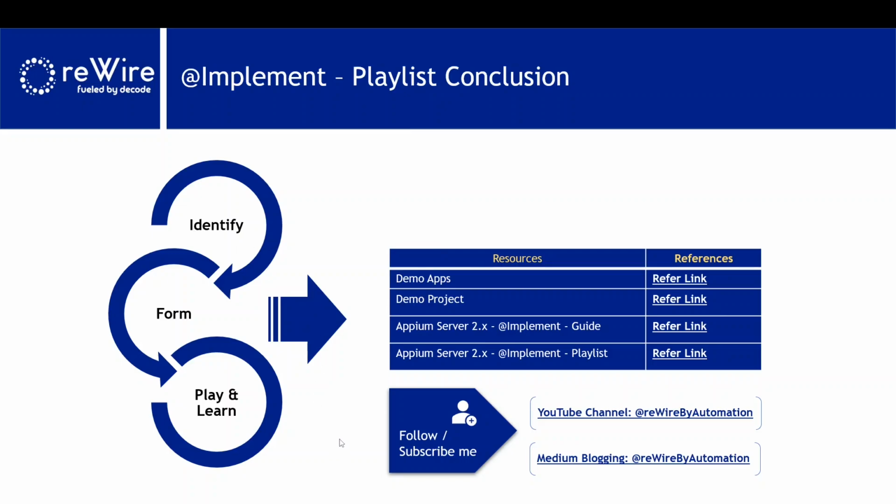If it is any technology, first identify what its features are, and whether any kind of architecture is given for that particular tool or technology. Then form it. Form means put it in order. Then you can play. Take one particular feature, play and then learn.